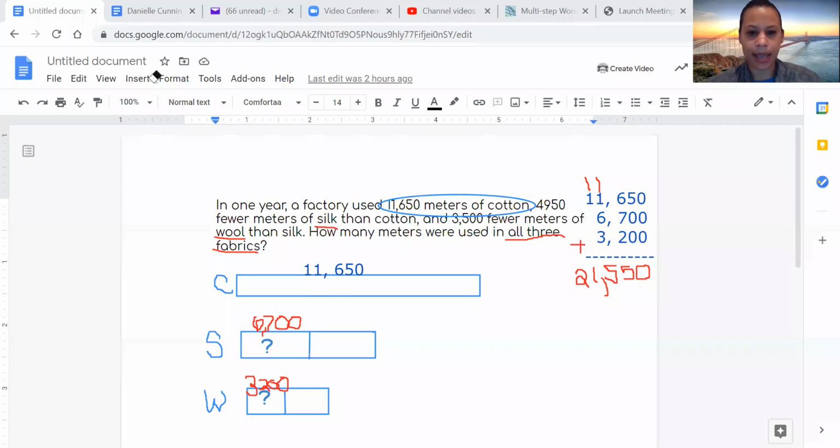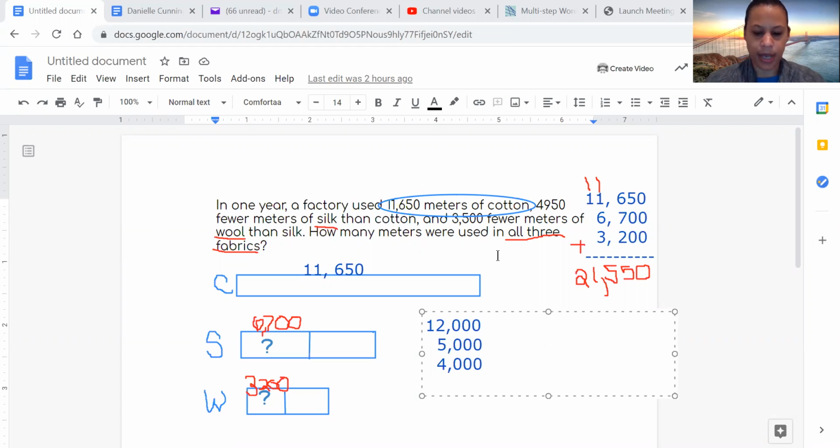So we would say 12,000. And then that 4,950 is closest to 5,000. And then the 3,500, I would say that would be closest to 4,000.